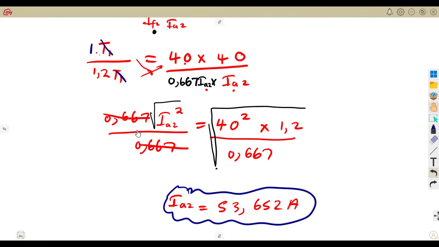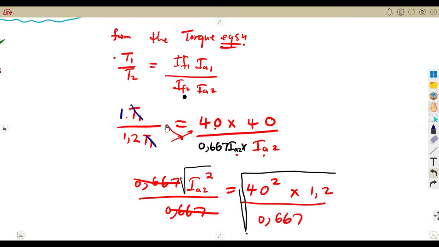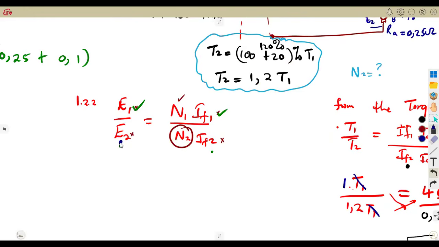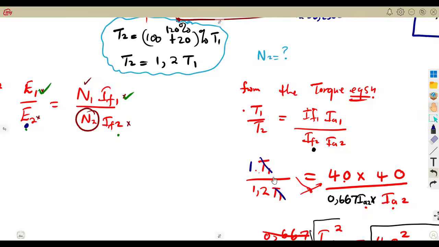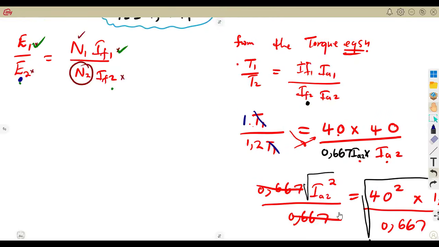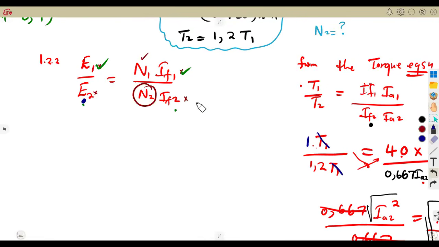Why do we need this armature current? We need this in order for us to obtain E2, the one that is missing here. Also, we need this armature current in order for us to have this field current.